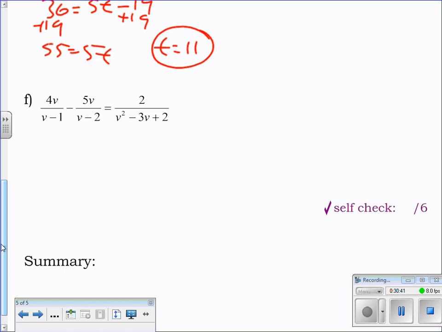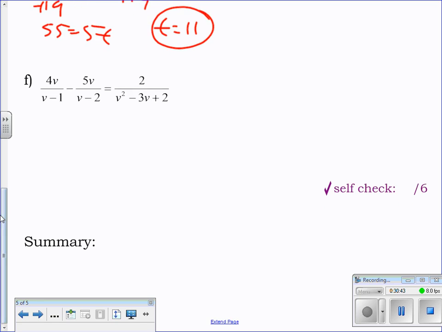And then your last one. My first step on this is to factor. Hopefully my factors are v minus 1 and v minus 2. And as a matter of fact, they are v minus 1 times v minus 2, because negative 1 times negative 2 is 2. Negative 1 plus negative 2 is negative 3.